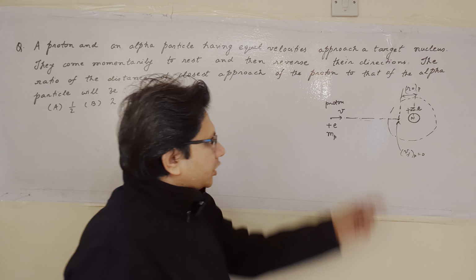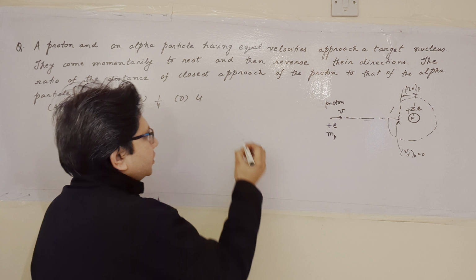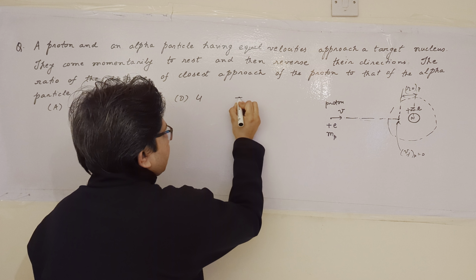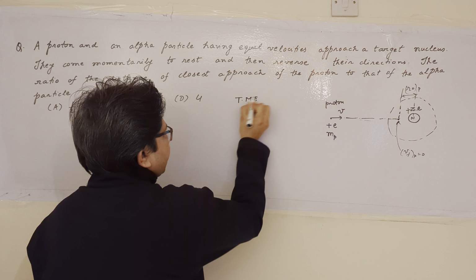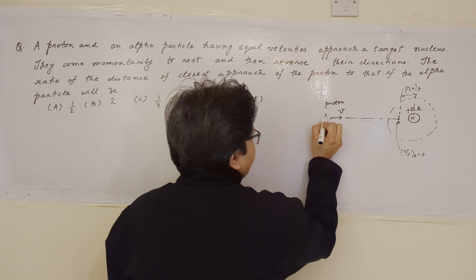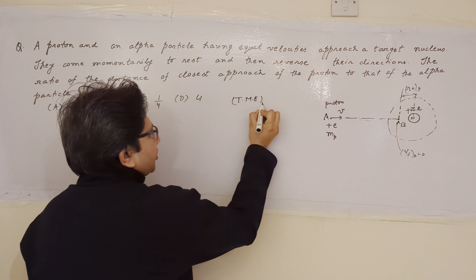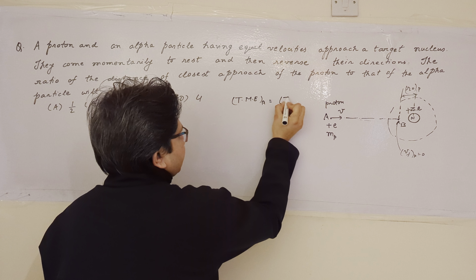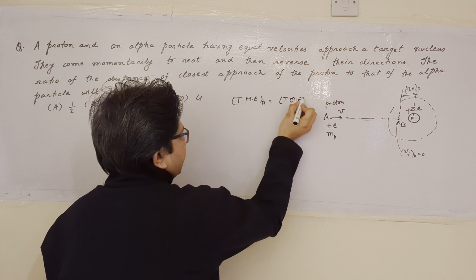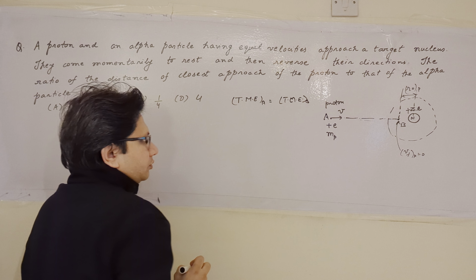Now in this particular scenario we can apply the principle of conservation of energy, that is, the total mechanical energy. Let us call this point as A and this point as B. So the total mechanical energy at point A is equal to total mechanical energy at point B.